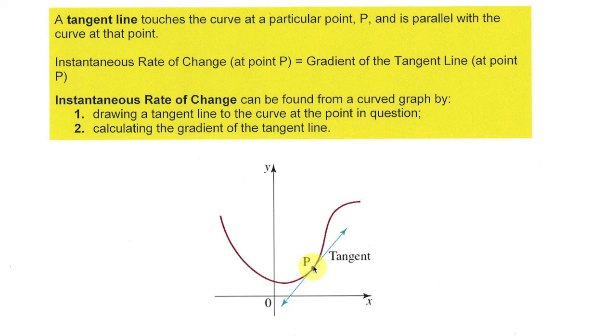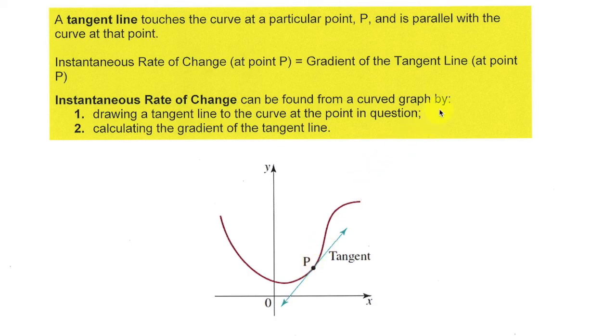What we can see here is that the gradient of the tangent line is going to equal the gradient of the slope at that point P. So what we can do to calculate the instantaneous rate of the curve at a particular point P is place a tangent line on that curve and then calculate the gradient of the tangent line.